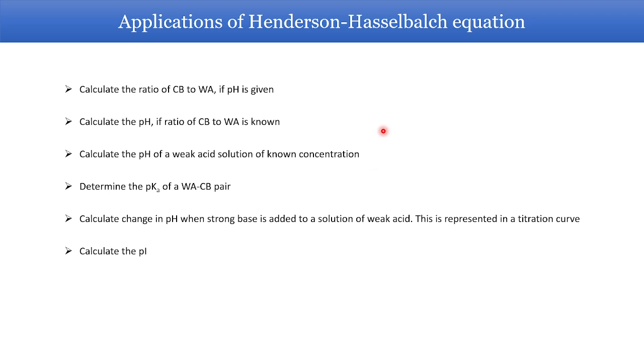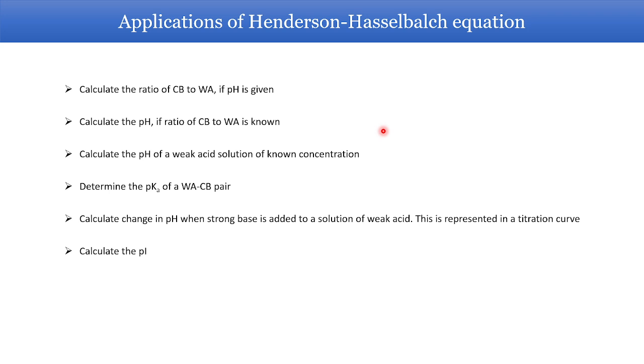The applications of the Henderson-Hasselbalch equation give you an idea about the ratio of the conjugate base to the weak acid if the pH is known. You can calculate the pH if the concentration of the conjugate base and the weak acid is known. Definitely the pKa value has to be known as well. You can calculate the pH of a weak acid solution of known concentration.